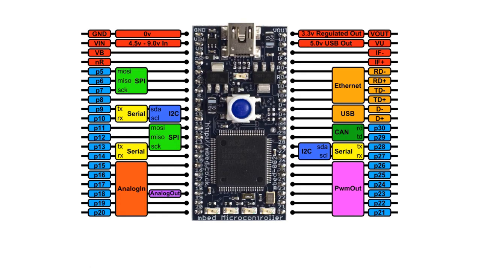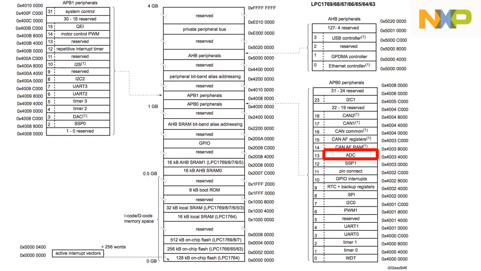Looking at the pin mapping for the mbed, you can see this is represented by this orange box here. It's analog in, and there are 6 analog pins that we can use. That peripheral is connected up to 6 of these pins, and the peripheral lives in this APB0 peripheral area, where all those registers live in memory.